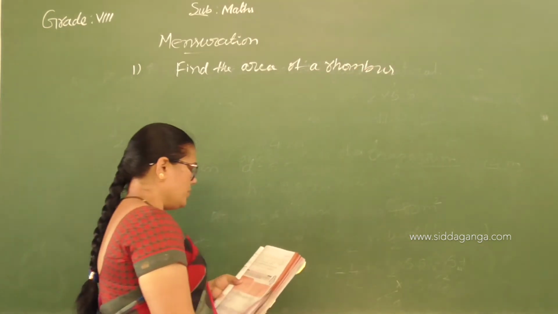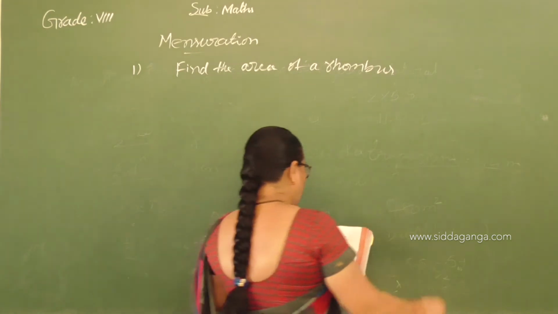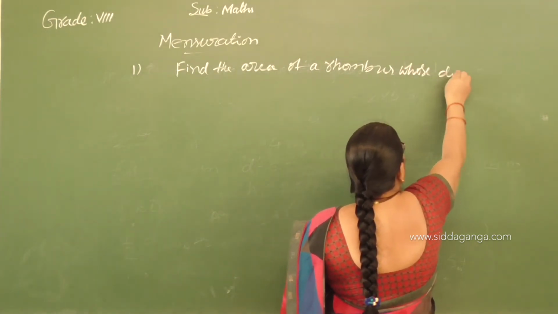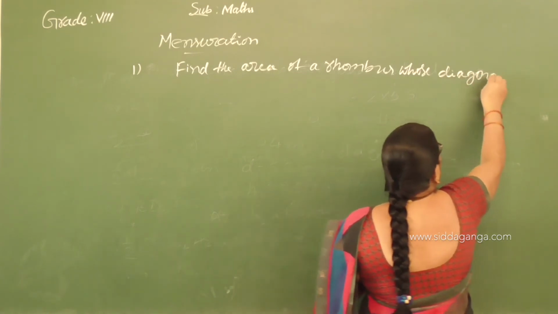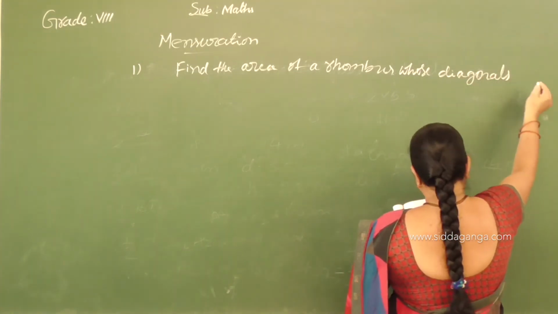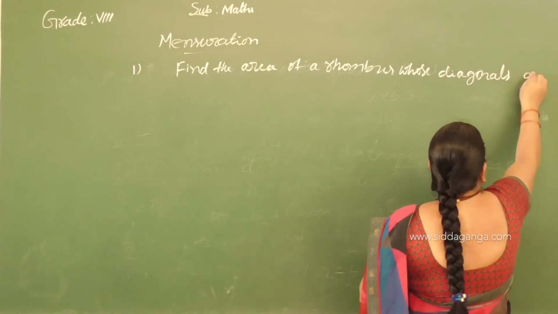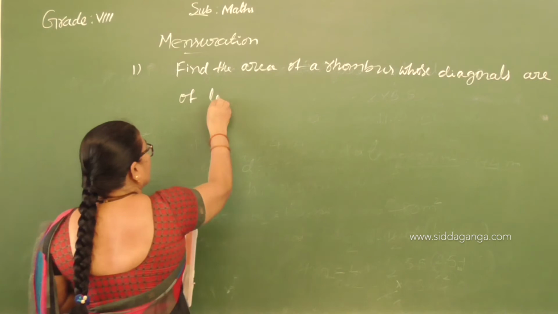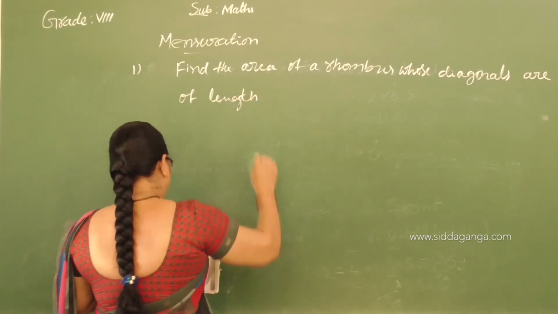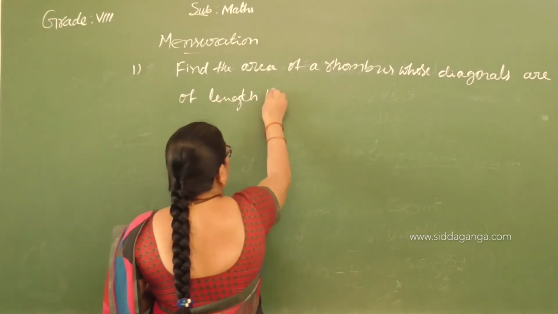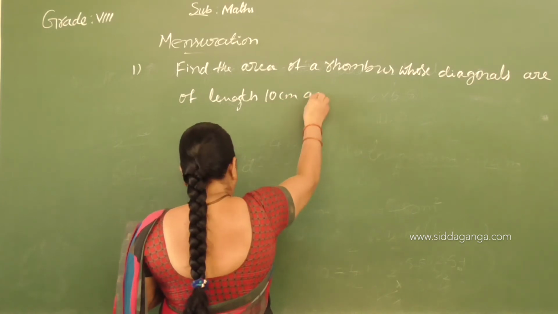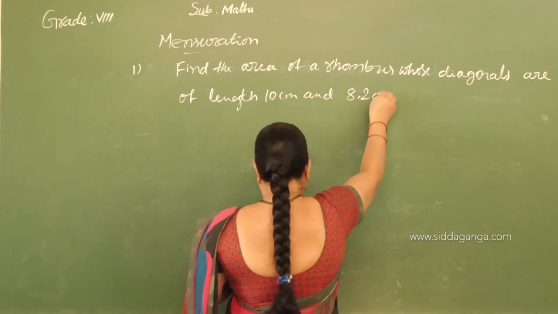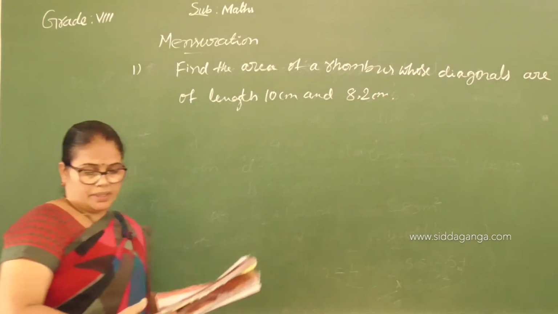Area of a rhombus whose diagonals are of length 10 centimeter and 8.2 centimeter.